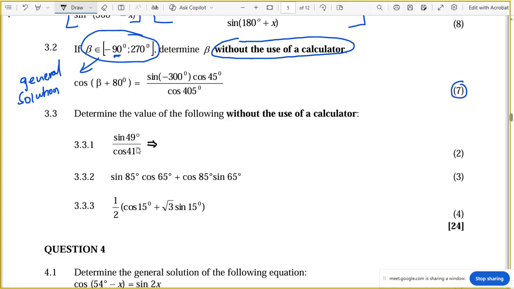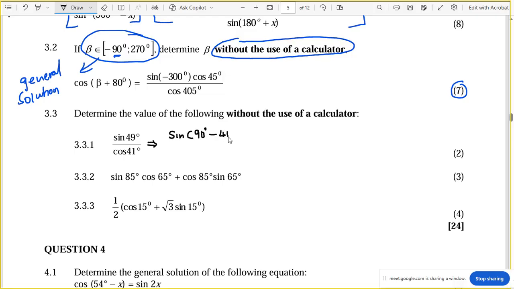Can you say on your calculator, 90 minus 49? Tell me what you get. 41. So this tells me that I can write the top part as the sine of 90 degrees, then subtract 41 to get 49.